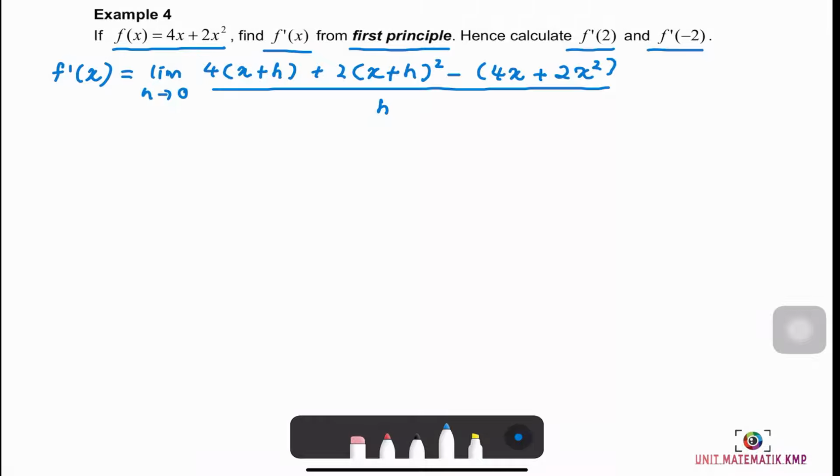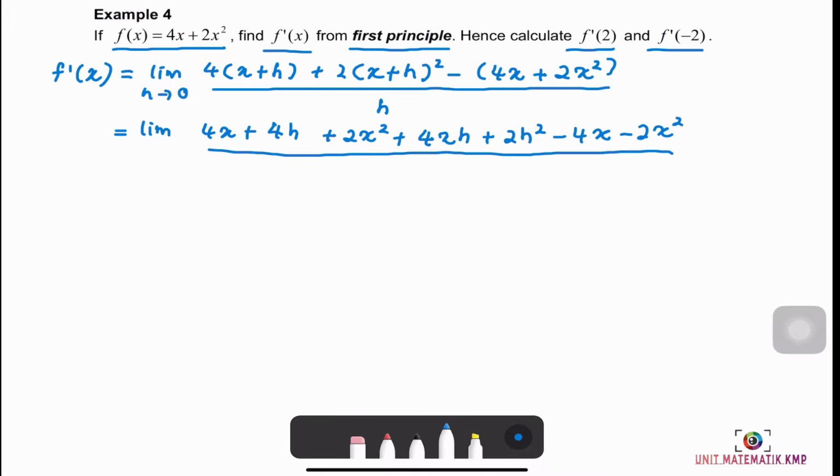First we expand this one, so we will have the limit of 4x plus 4h plus 2x squared plus 4xh plus 2h squared minus 4x minus 2x squared, over h when h approaches 0.